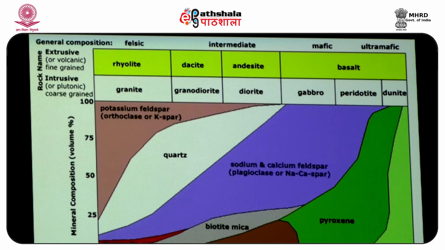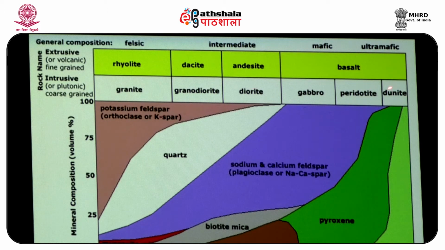Plutonic rocks means the rock which has formed at some depth. If they form at some depth, they will have bigger crystals. You can identify the crystals, but these are the rocks which are extrusive rocks, which are lava flows. It comes on the surface of the earth and they crystallize very quickly, they cool down very quickly.